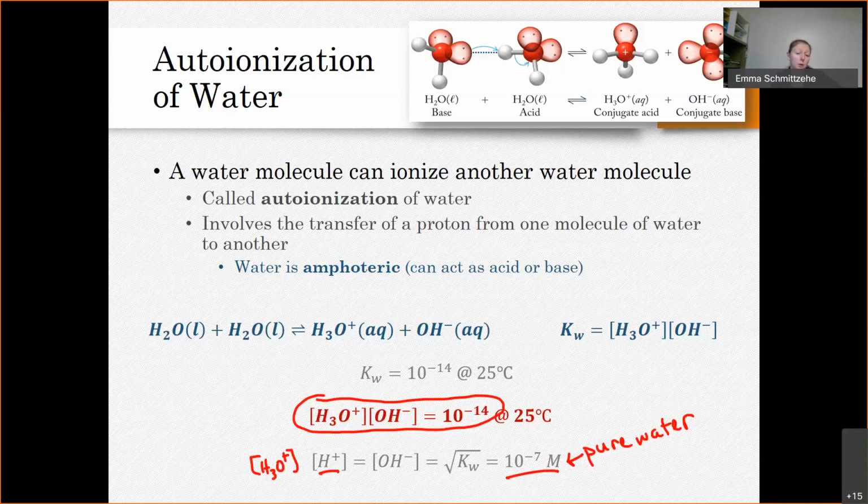So if you know the H3O plus concentration in this acid solution, you could plug it into this equation and calculate how much hydroxide ion there is, okay? Because those values are going to have to equal that Kw of water, because water will either ionize more or go back to the neutral form to keep those balanced, okay?